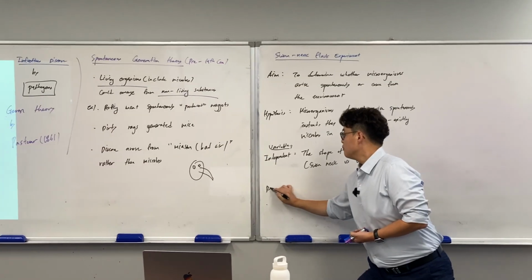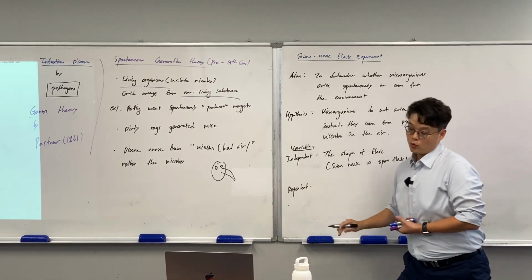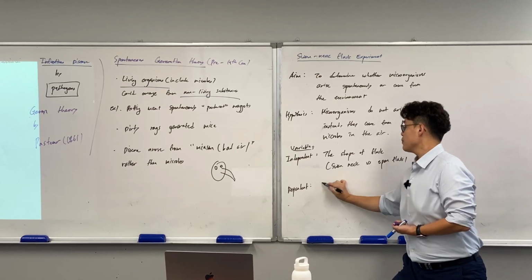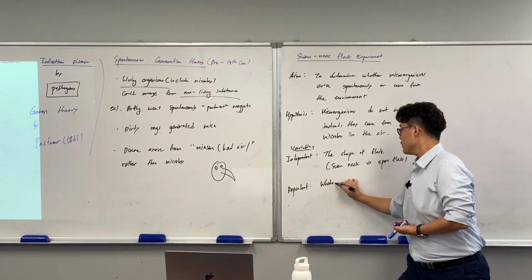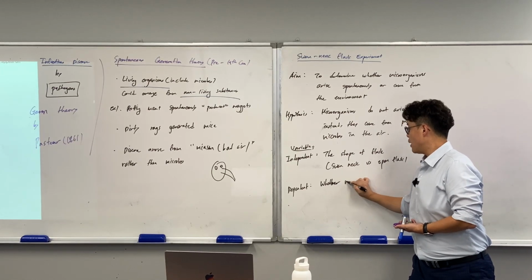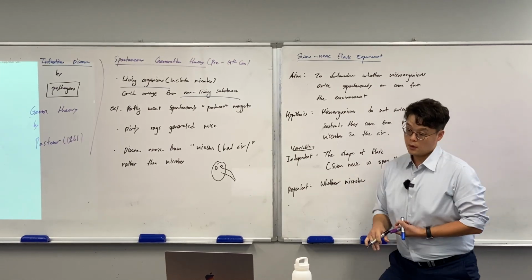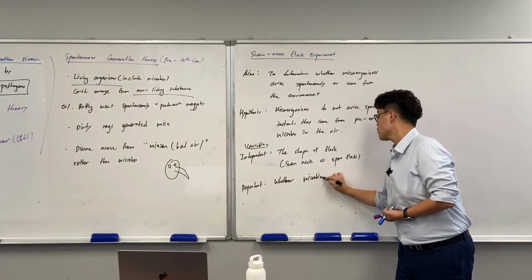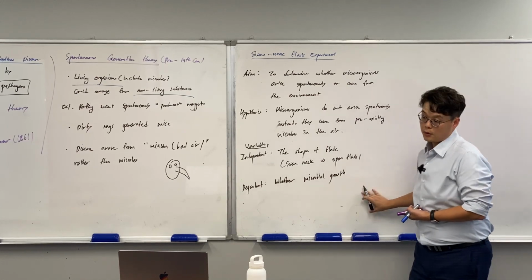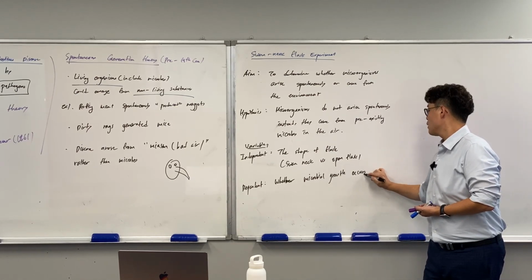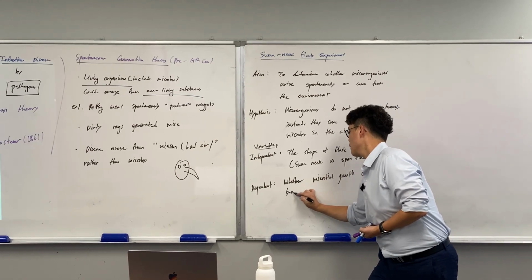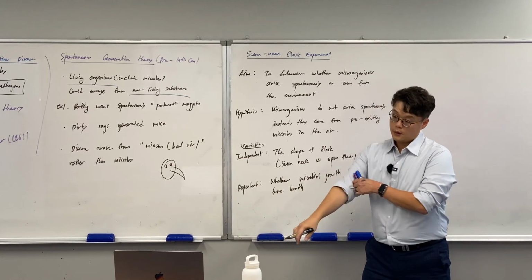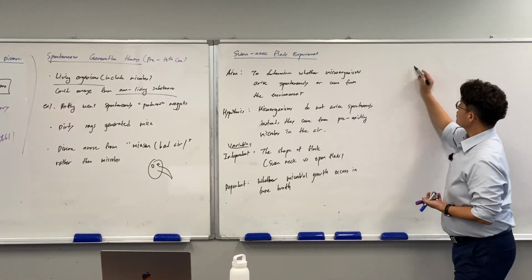Dependent variable: it would be the microbe growth, the measurement. You're just going to see whether there is microbial growth in the bone broth.